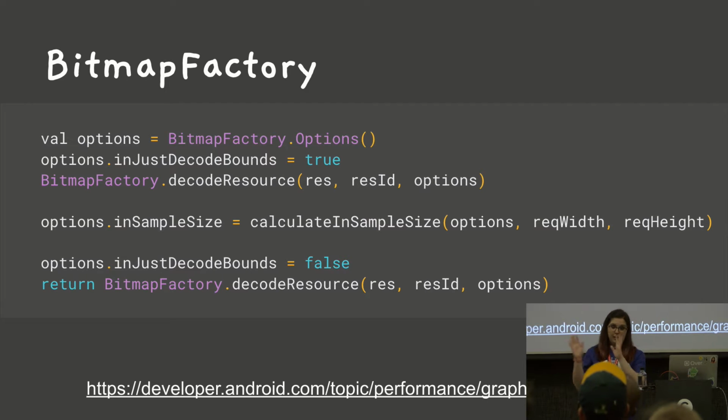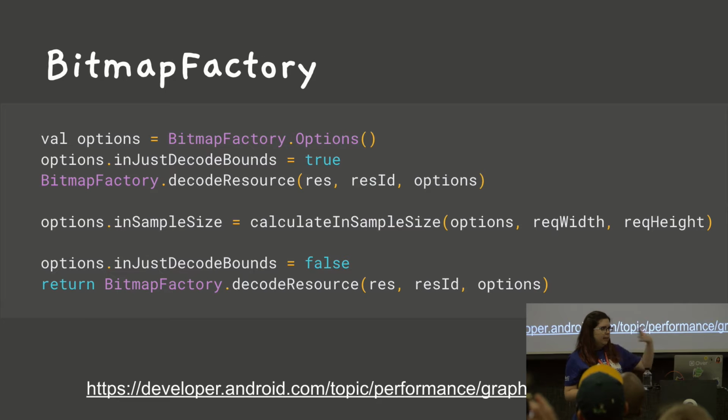So let's go back to how we use a bitmap factory to load up an image. You've probably run across this code if you've looked at the documentation online. It's quite a large chunk of code just to load up an image. A lot of the time, you don't really care about a lot of these things. You're just like, there is an image, I need to display it on the screen. Why can't you do this?